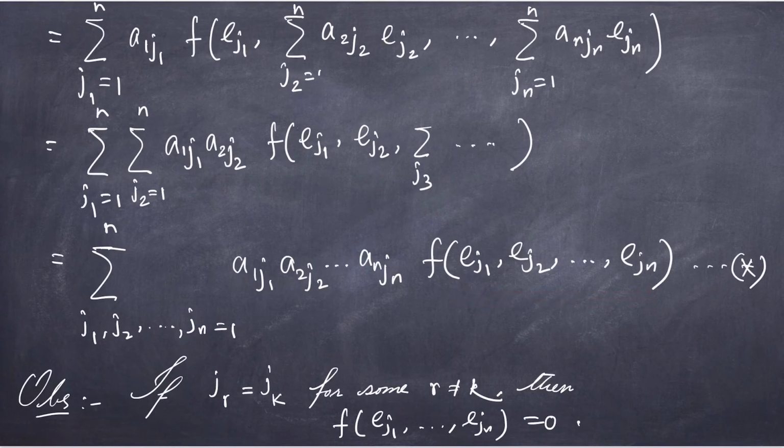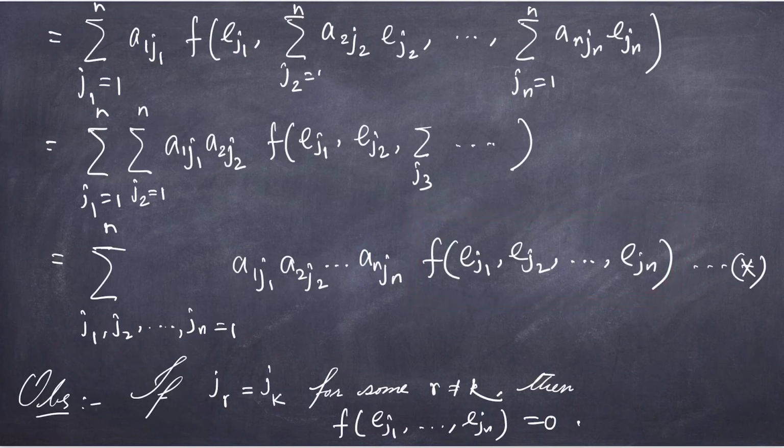Now let's try to see what this term is going to be. If the rth component here becomes equal to the kth component, where r is not equal to k, then for any j1, j2, ..., jn, if two components here are equal, then this has to be 0.